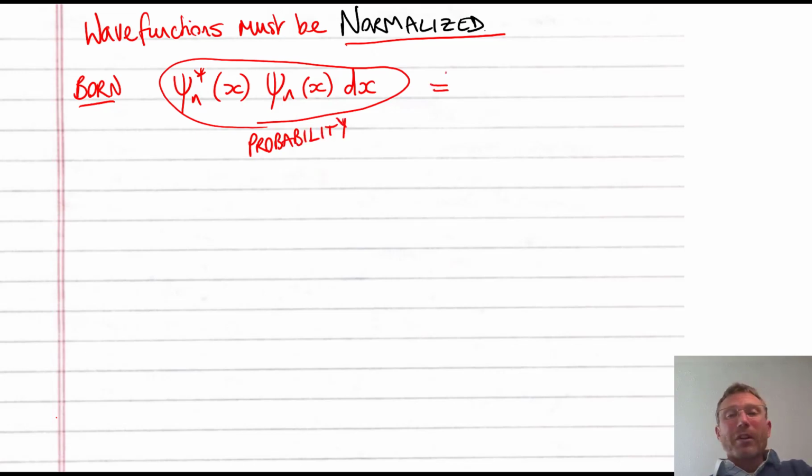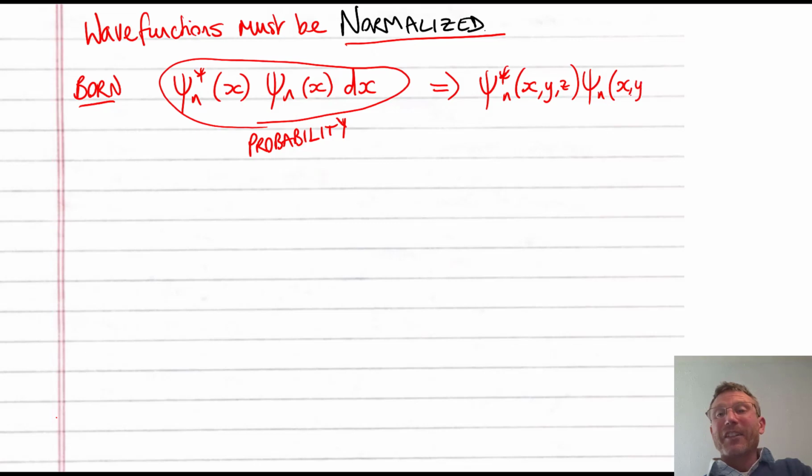We're later going to go on to say, by the way, that psi star n in 3 dimensions, x, y, and z, so in other words over a volume, multiplied by psi n as a function of x, y, and z, multiplied by dx, dy, dz.